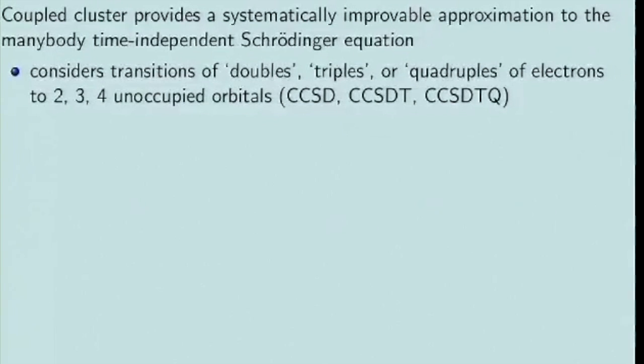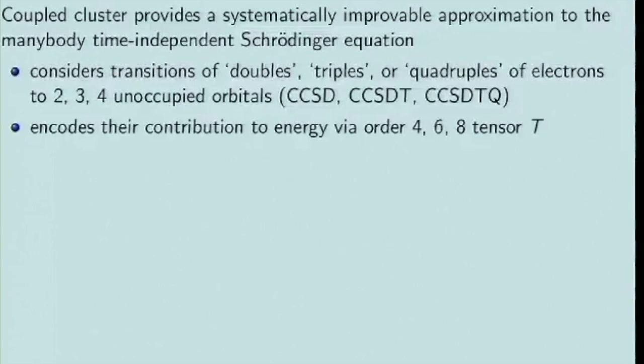What this means is an excitation of either 1, 2, or 3, or 4 sets of electrons to new states. And essentially, each one of these methods, as you go to higher and higher order, considers the interaction of larger and larger sets of electrons taking over a larger and larger set of orbitals, which you can think of as basis functions.